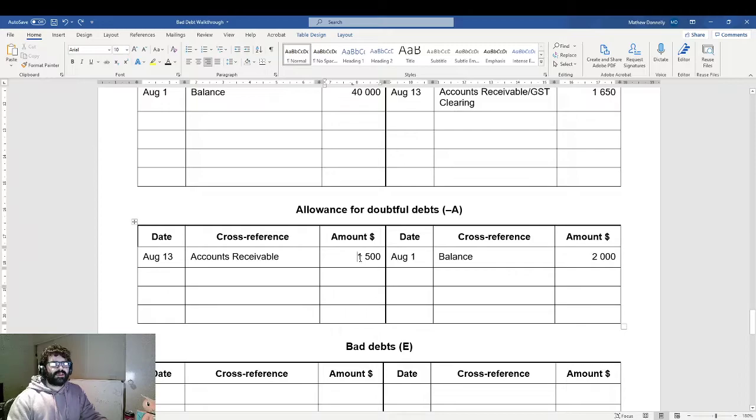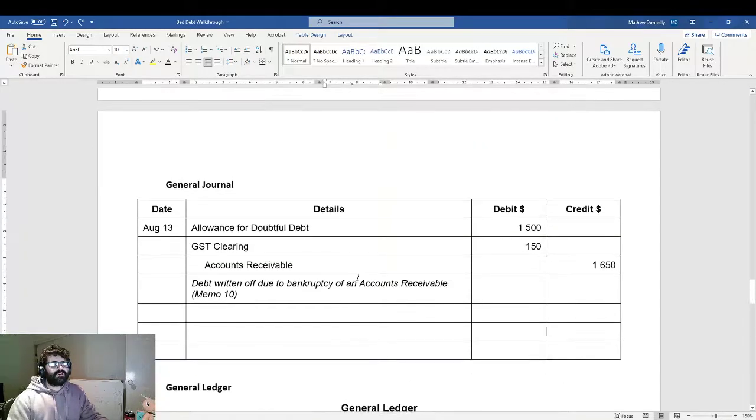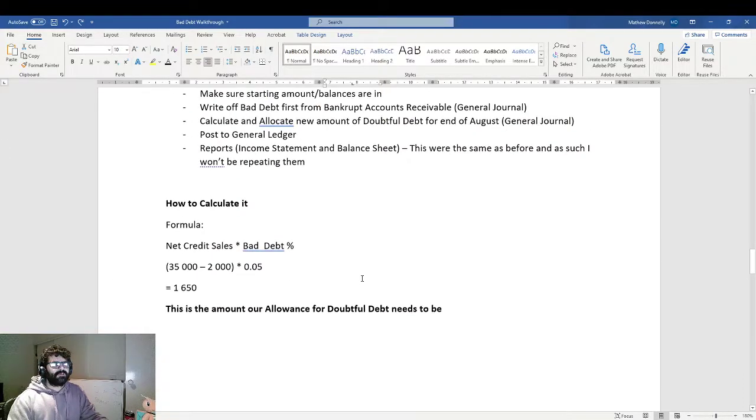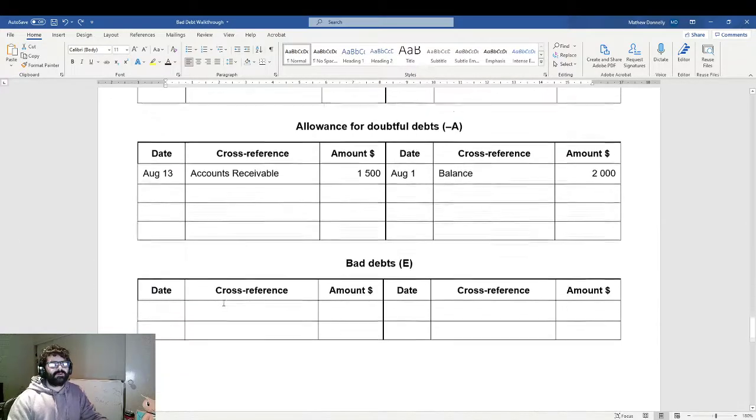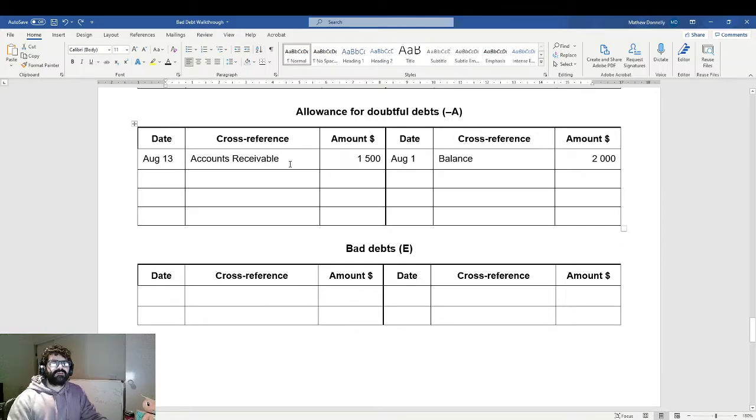So when we do our allowance for bad doubtful debts, we see 1,500. We need to allocate that, and we need to make it 1,650. So what we need to make 1,650 is this plus X equals 1,650.